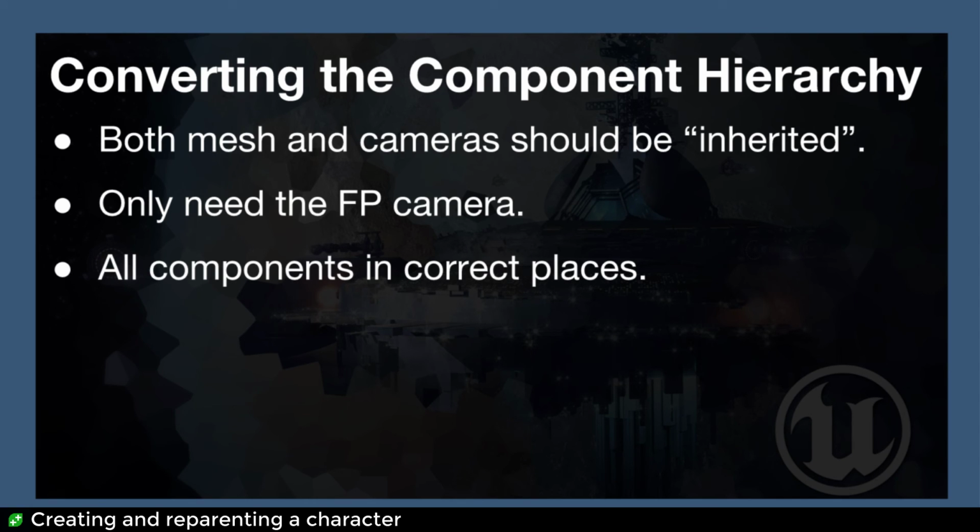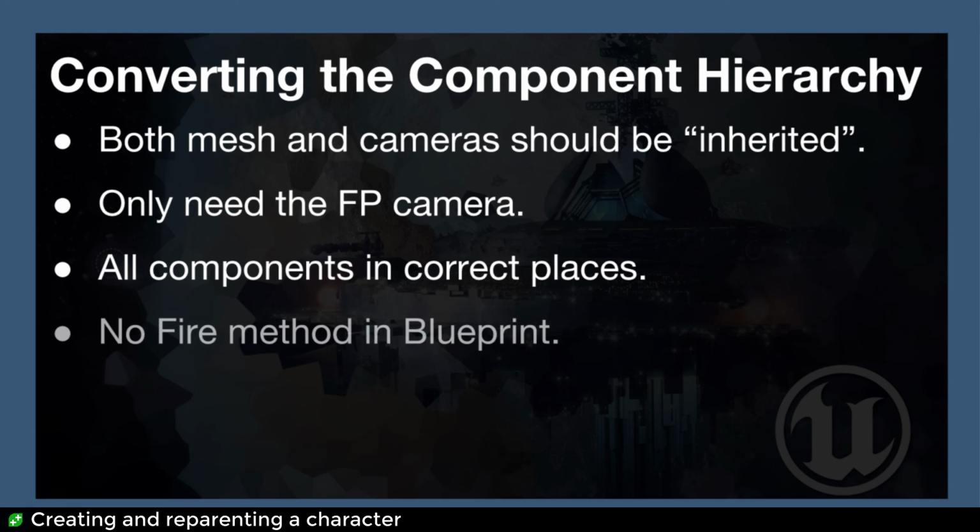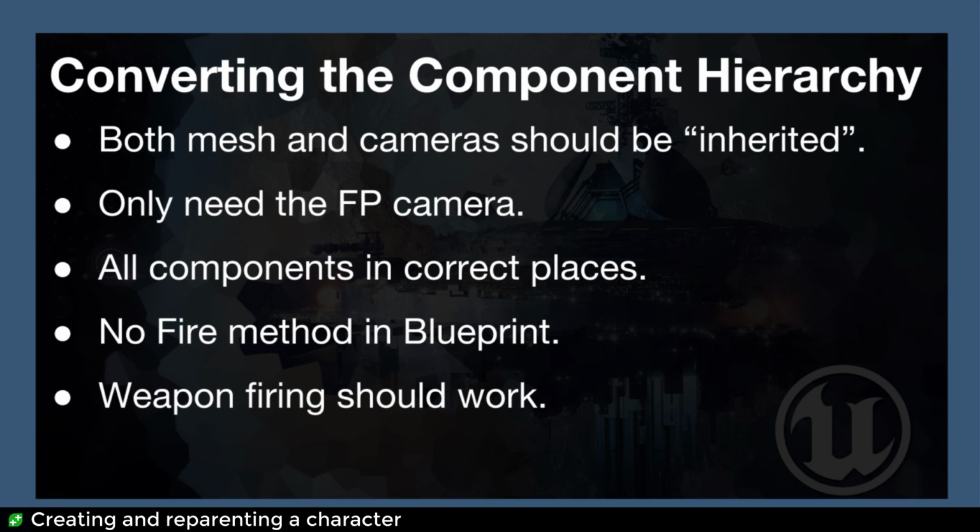All components in their correct places, well, that's going to do with you positioning the camera and the first-person arms correctly in the scene so that when you play, the camera is in the position of the third person's head and the arms look correctly positioned with the gun in hand and so on. And no fire method in the blueprint, so I would like you to have that implemented entirely in C++. And the weapon firing should work, so that means that the gun actor should be spawned in your C++.